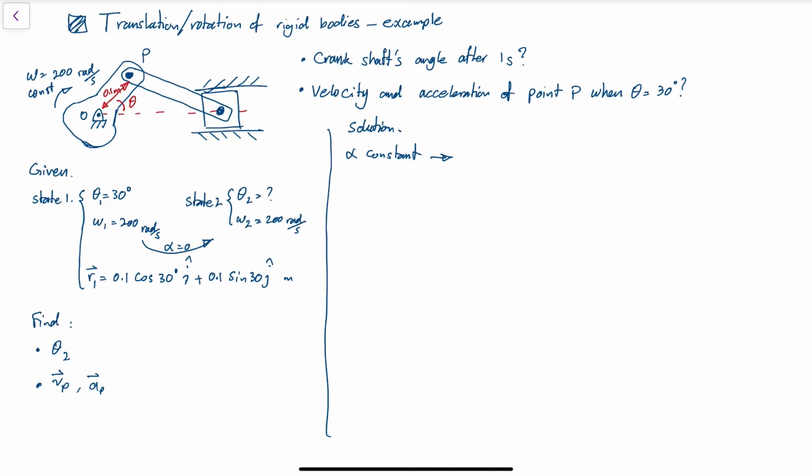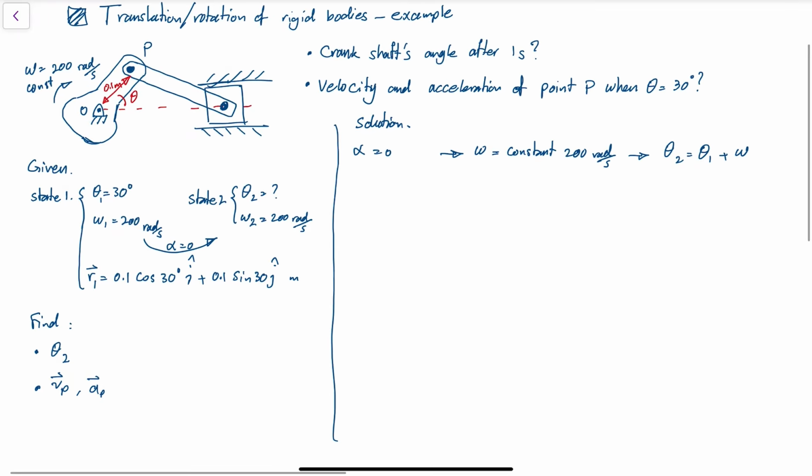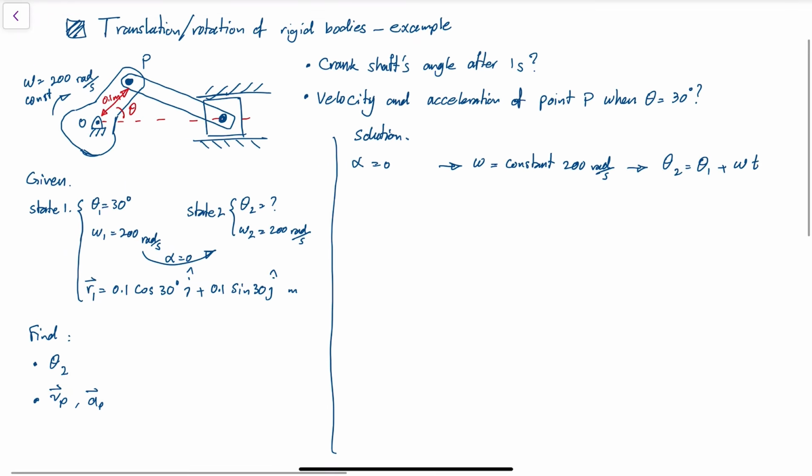Oh no, acceleration is 0. My omega remains constant, always 200 radians per second. And if omega is constant, I can write my change of angle, theta 2 is theta 1 plus omega t, the time that has passed.